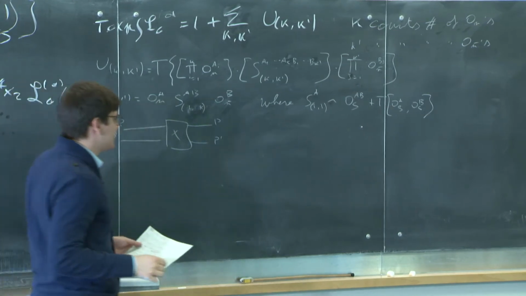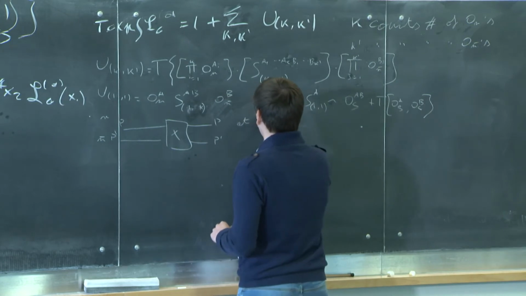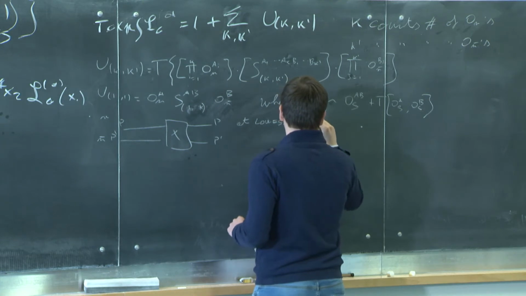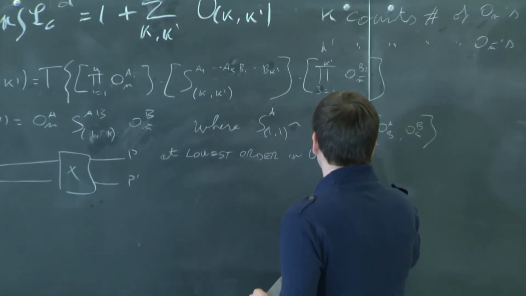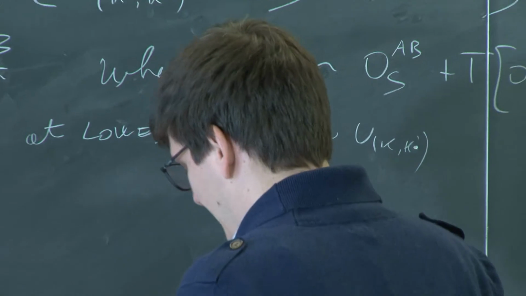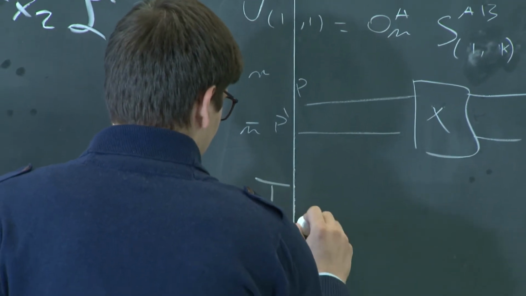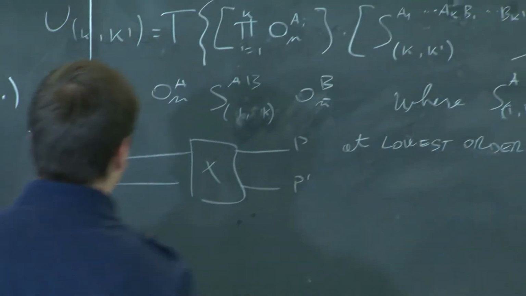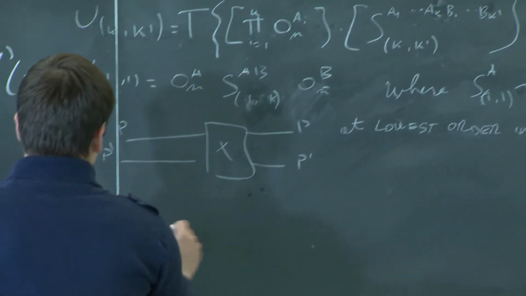And I want to study this process at lowest order in U_kk'. And this means if I express T_11, because in general this can get contributions from all of them, I label 1,1 the one that is at lower order in U_kk'.